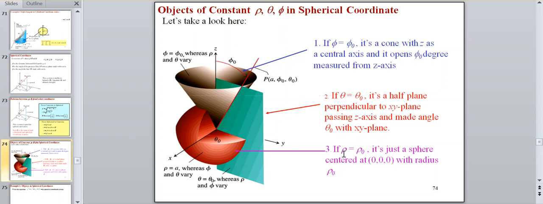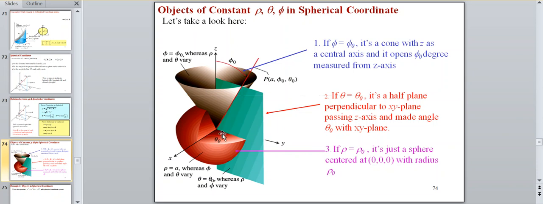The last one, rho equals rho 0. Rho equals a constant. So what does it mean? It means the distance between every point on this surface and the origin is fixed, rho 0.